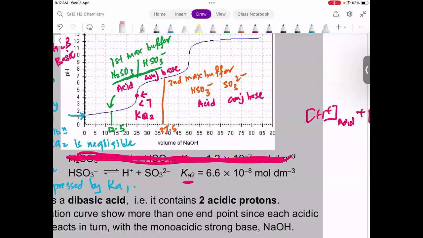If you really want to calculate the pH at that point, you need to consider dilution. So you need to consider the contribution by Ka2 only, and you need to consider dilution. Okay, any question?